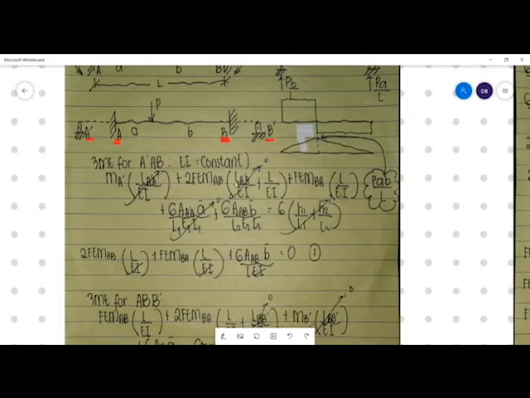Plus FEMAB times LA prime A over EI plus L over EI plus FEMBA times L over EI again, plus 6 A prime A times centroid A over L1 E1 I1 plus 6 AAB, area AB, times centroid B over L2 E2 I2, is equal to 6 times H1 over L1 plus H2 over L2.